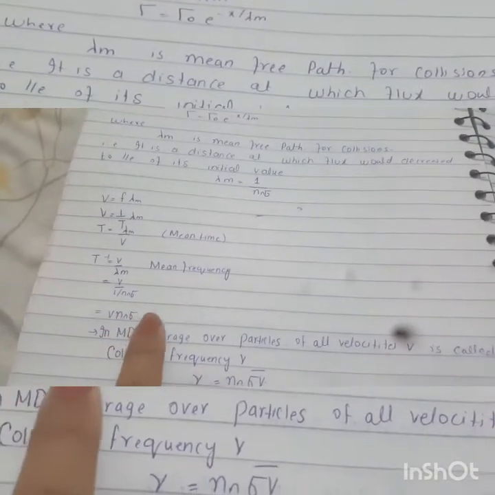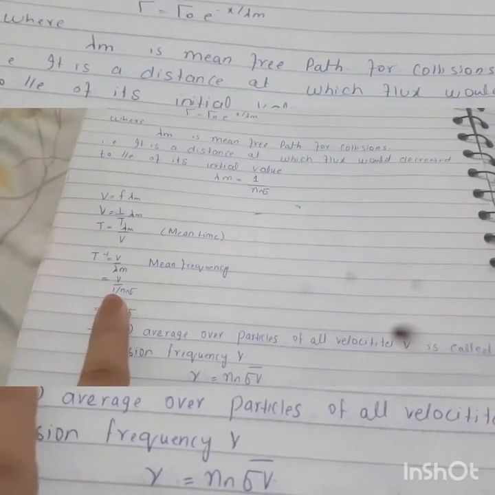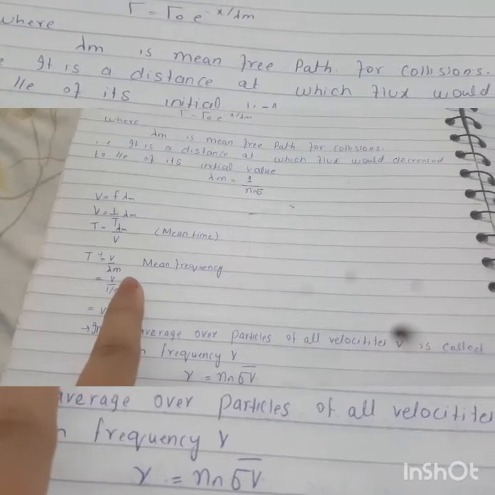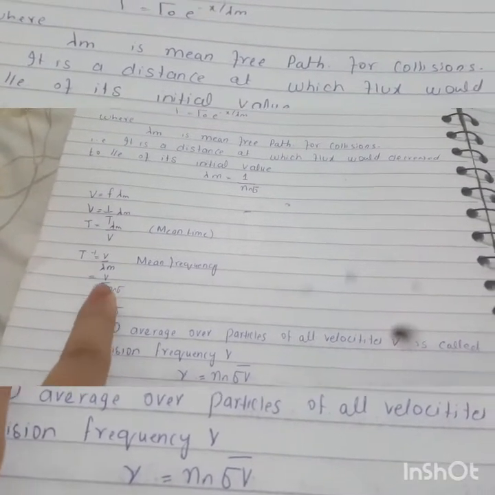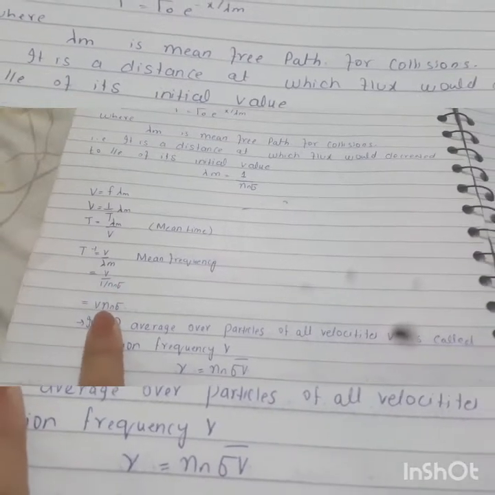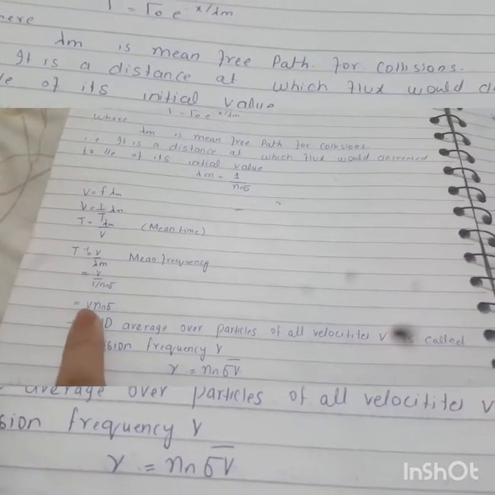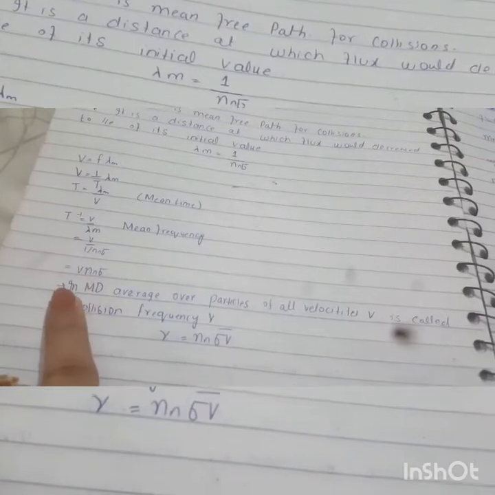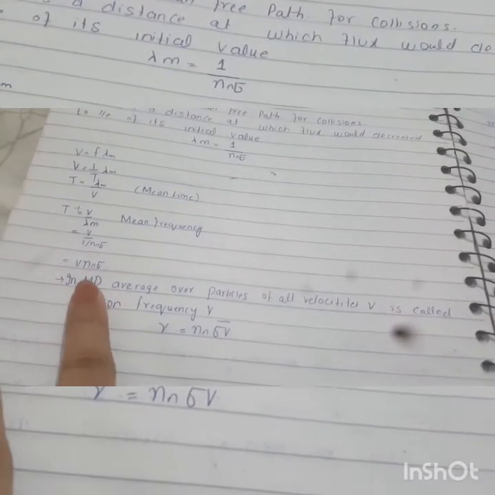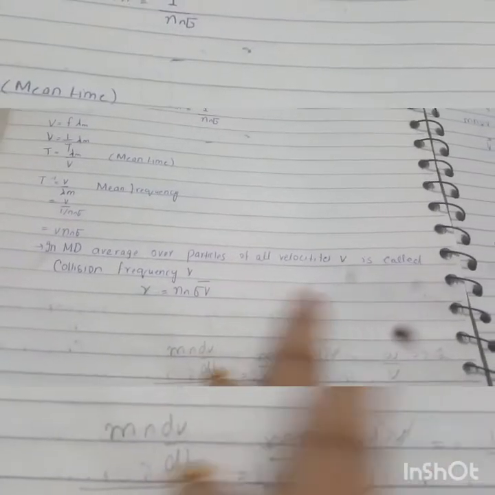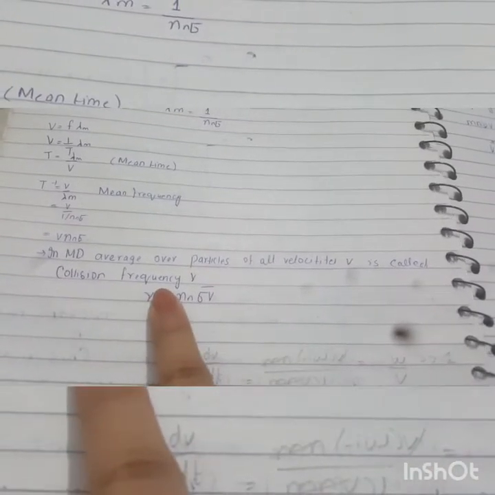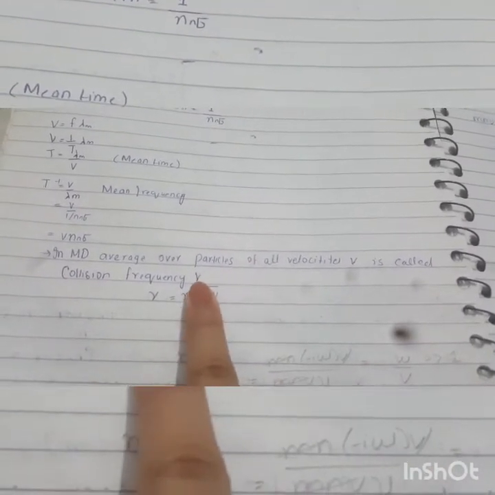Now if this term goes upward, it would multiply with v, and 1 remains in the denominator. This is the mean frequency that we want to calculate. In Maxwell distribution, average over particles of all velocity v is called collision frequency gamma.